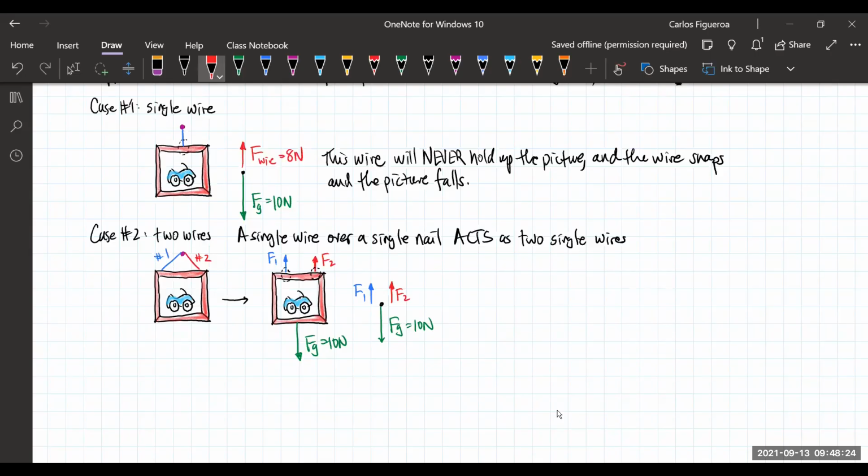And what you're seeing here is that according to Newton's second law, the only way this could be true here is that if I have balanced forces. So what this tells us here is that force 1 is equal to force 2, and that has to equal 5 newtons.